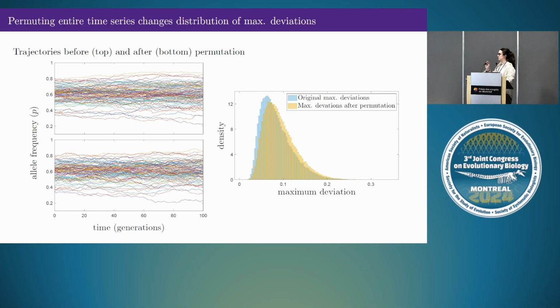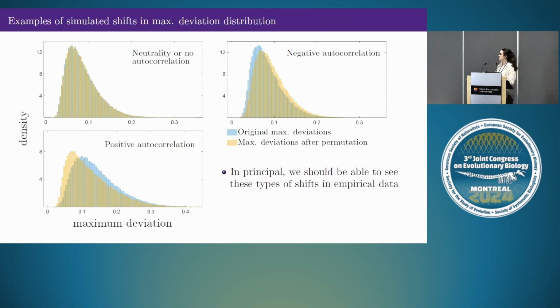And so the direction and magnitude of that shift is going to depend on the sign and strength of the autocorrelation present in the time series. So under neutrality, or when there's no autocorrelation or selection happening, we find that there is no change to the distribution, and we've used the Kolmogorov-Smirnov test to confirm this. And this is to be expected, since the original time series would have been random and statistically symmetrical anyways.